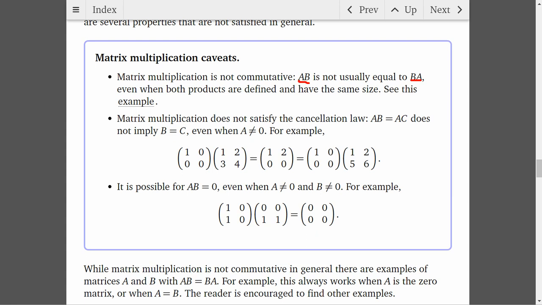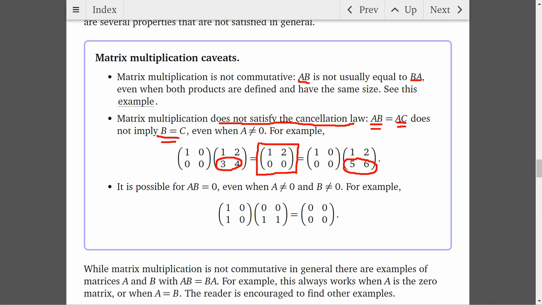And because multiplication is not commutative, it does not satisfy the cancellation law. Just because A times B equals A times C, it doesn't mean that B equals C. They show an example here, a very simple matrix where both products are equal to this, but notice that I have a difference in matrix B. So you can't just assume that the cancellation law holds.